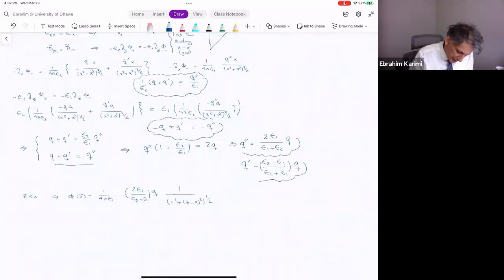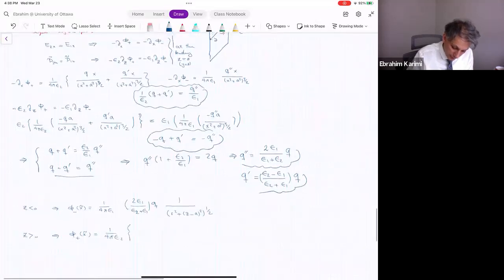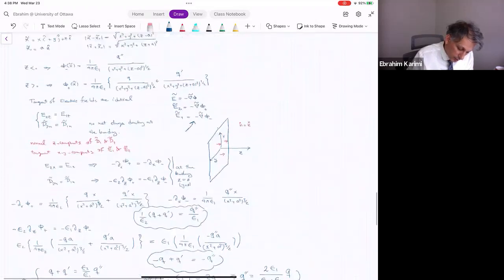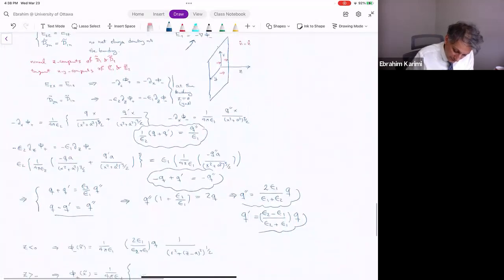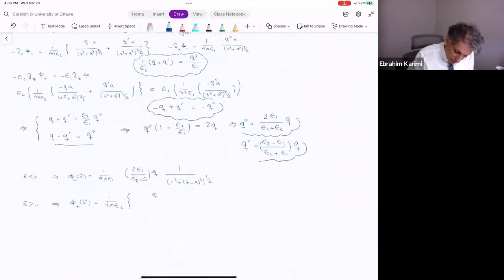What is happening with z greater than 0? Then I have the potential. Let's call it this was phi minus, that was phi plus. It was 1 divided by 4 pi epsilon 2. Then we had two contributions. One with q, which is z minus a, so it will be q divided by r squared plus z minus a, squared, to the power of 1/2.